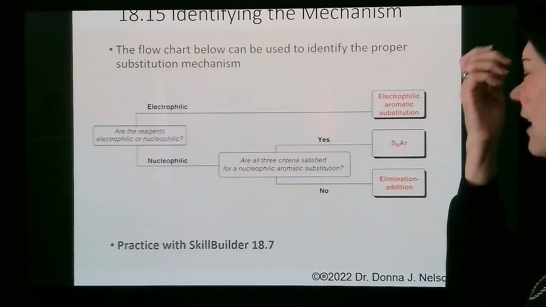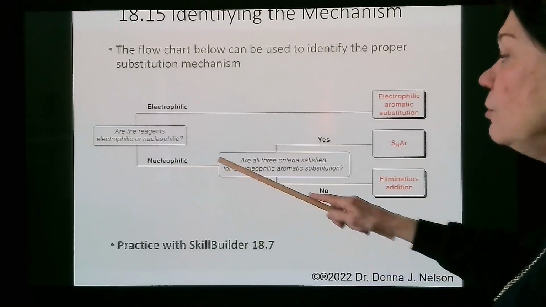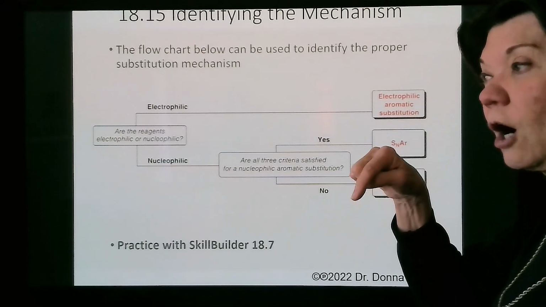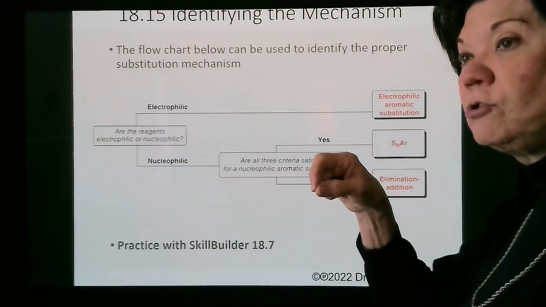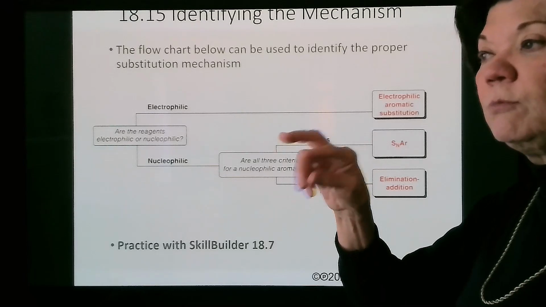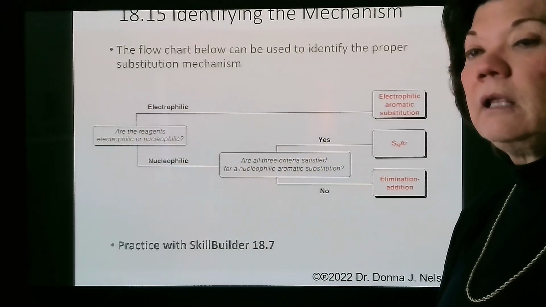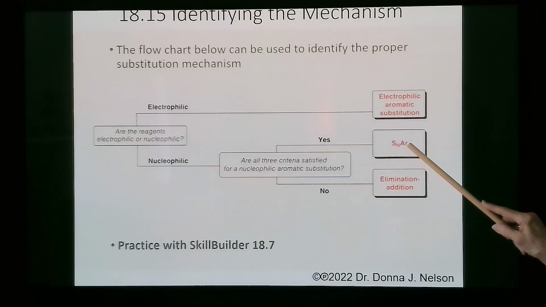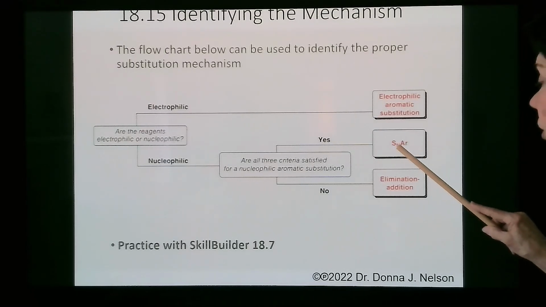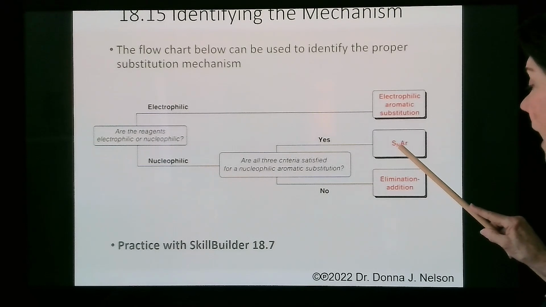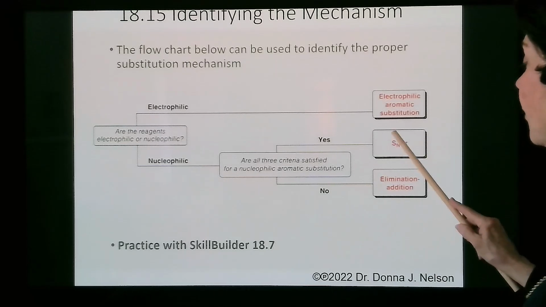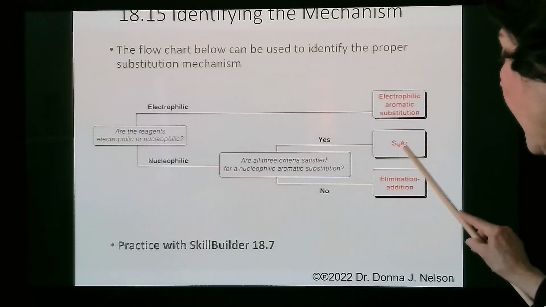You can have the nucleophile come in and actually attack at a carbon atom. You have a substitution reaction, so an incoming group displaces the leaving group. That was the nucleophilic aromatic substitution, and here's the abbreviation, SNAr, substitution nucleophilic aromatic. This was the second one that we saw.